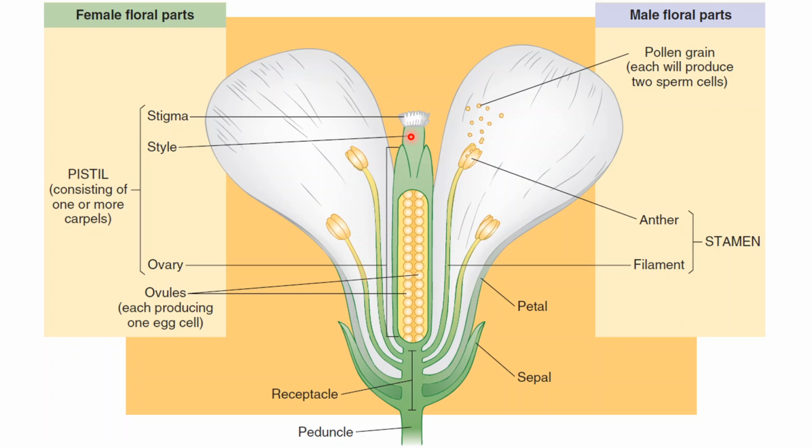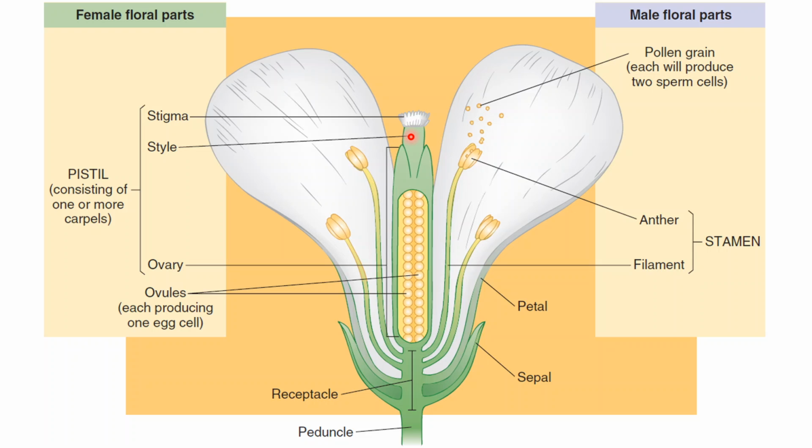The pollen grains consist of two cells, and one cell will produce the two male gametes or sperm cells, and the other will produce a pollen tube. So we will look later at what it looks like.